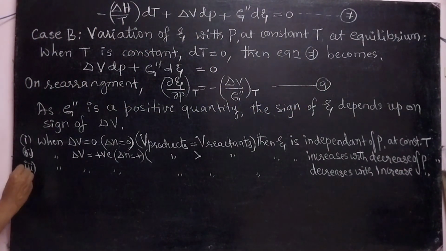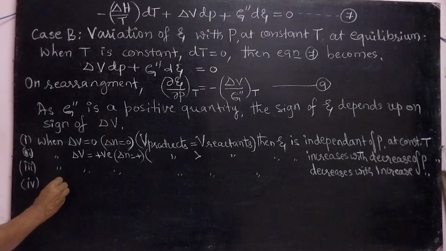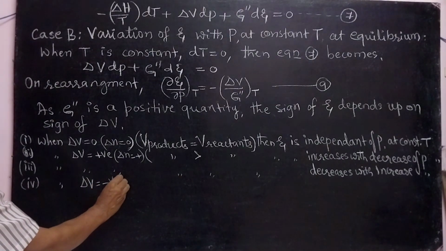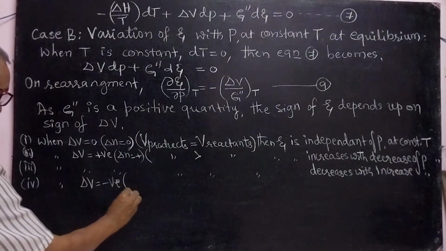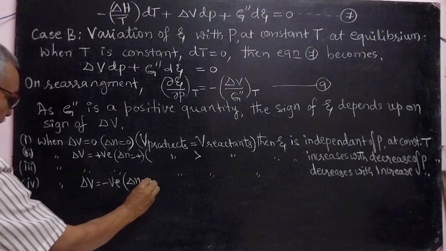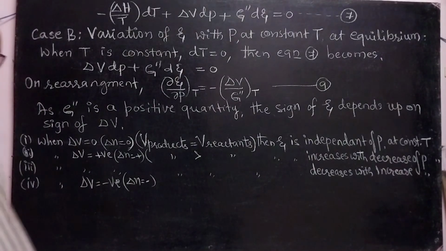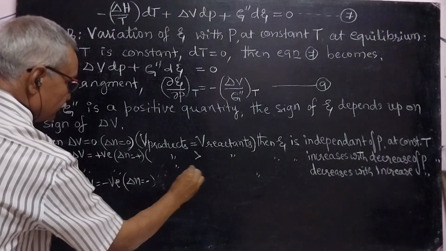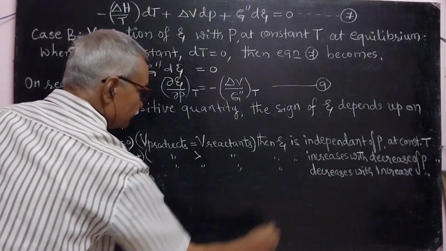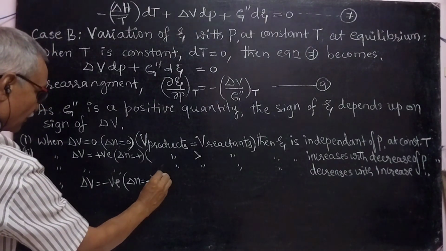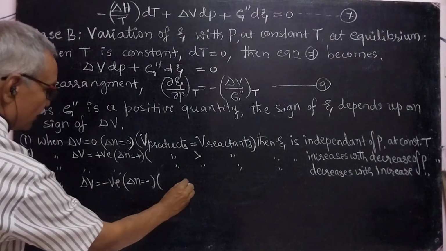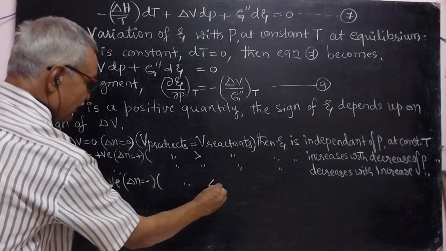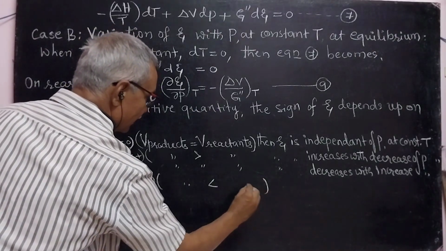Then fourth one, when ΔV is negative, that is Δn is also negative, in that case volume of the products must be less than volume of the reactants.